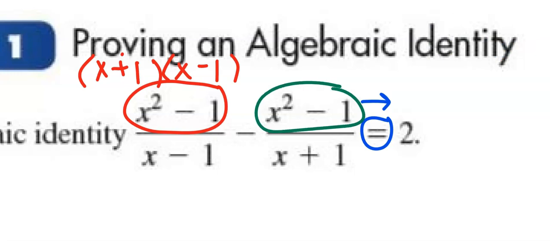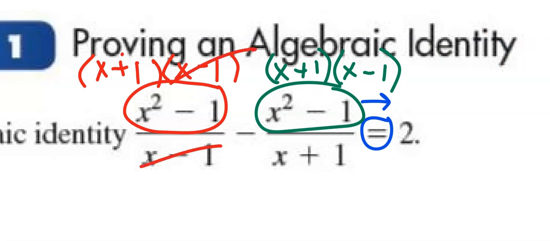And I'm going to guess the same thing's happening over here, right? What's canceling out in the first fraction? The x minus 1's, leaving me just plain old x plus 1.